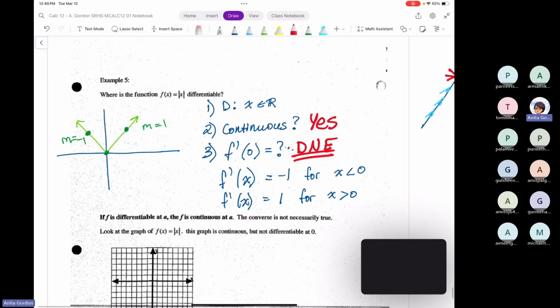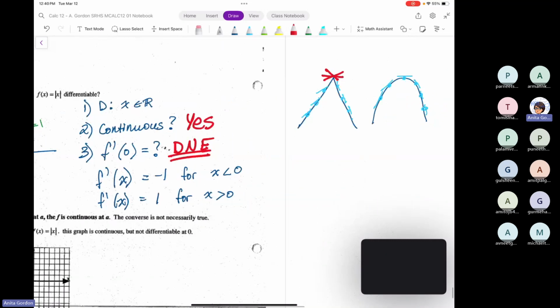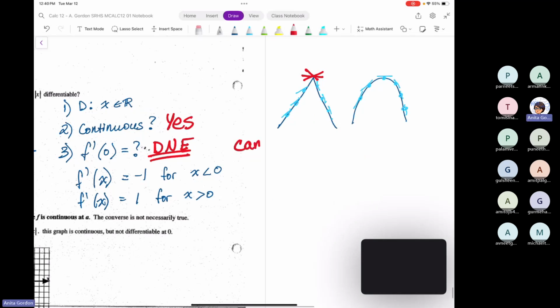It does not exist. All right. So we cannot differentiate at a corner because the slope that you would get at a corner is not unique. Differentiate means drawing a unique tangent line.